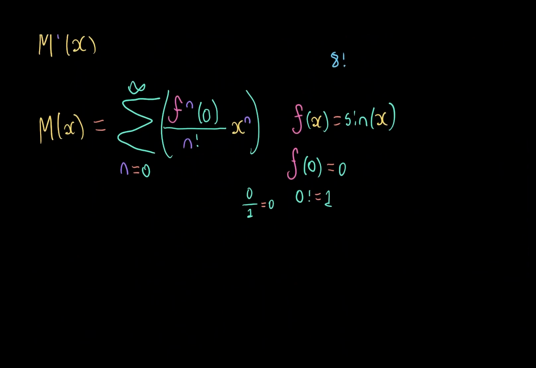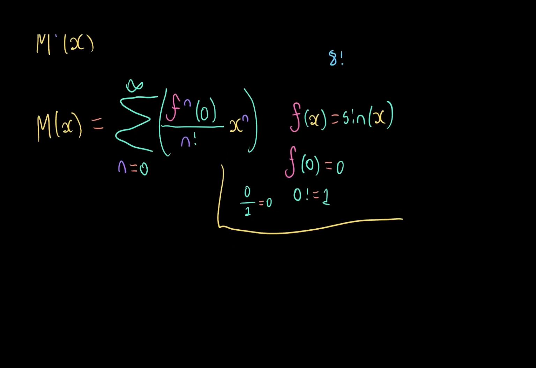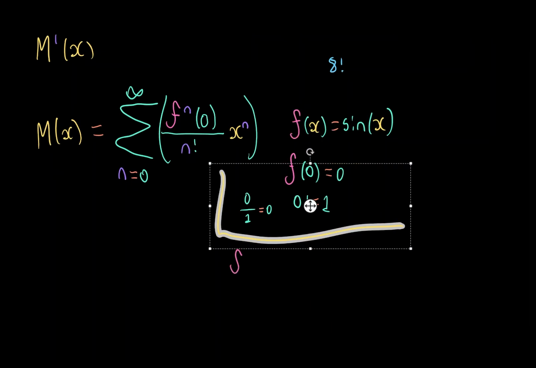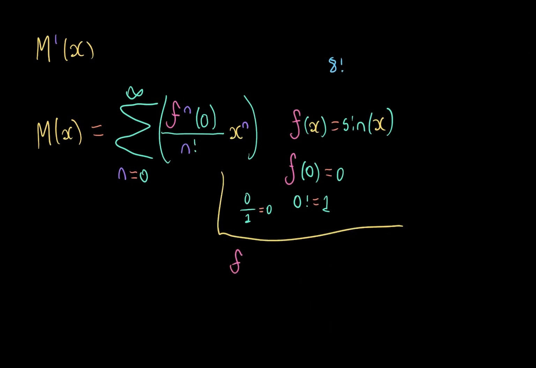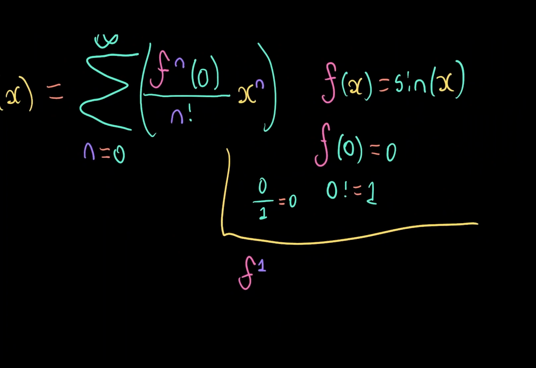Okay, and let's do n is equal to 1, right? And this might be repetitive, but just to understand what this formula means. Okay, so f first derivative, right? Because now we're done with 0, we're at 1. f of 1. Well, what is the derivative of sine x? It's cos x.